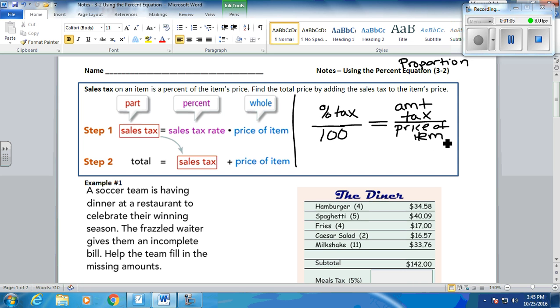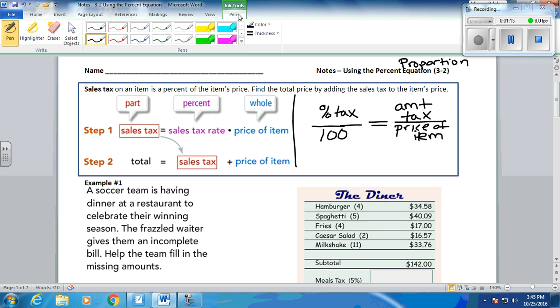So the percent tax and the amount of tax are directly across from each other in our percent proportion, so they are saying the same thing. One is a percent, but one is a number. So you can also think of the amount of tax as the part, and the price of the item as the whole. This does relate back to what we were talking about in 3-1 with whole and part.